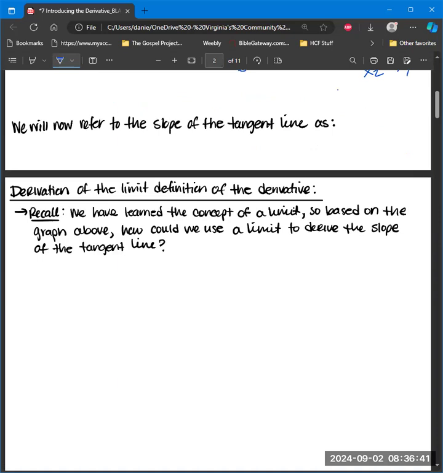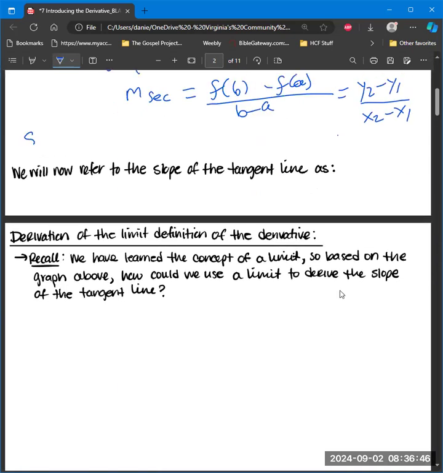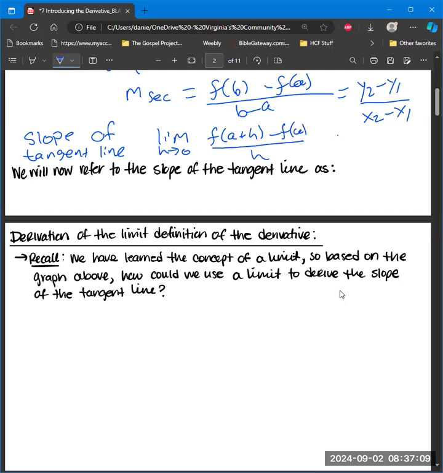The slope of the tangent line, since we only have a single point, we talked about was the limit as h goes to 0 of f of a plus h minus f of a divided by h. This thing that we're taking the limit of is called a difference quotient.